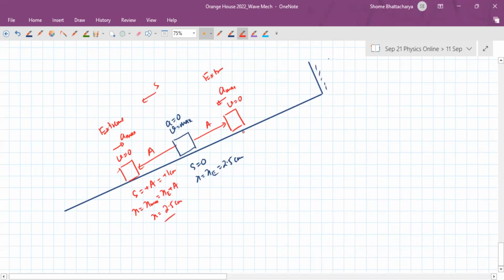Whereas this is where s is equal to minus a, so x is equal to xe minus a. So this is the minimum value of x.